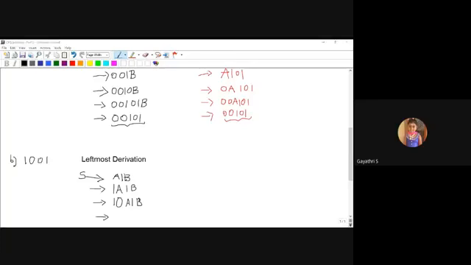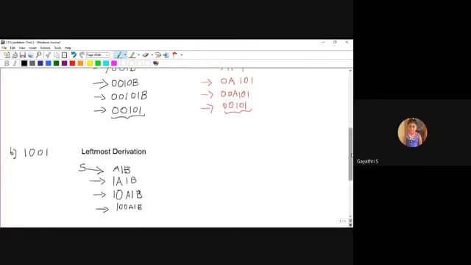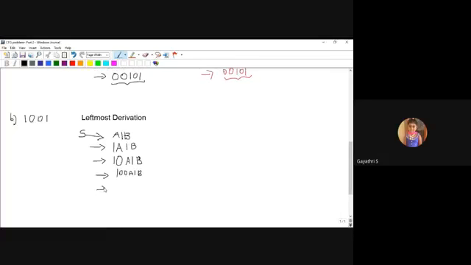Next, for this A, again 0A. Again 0A, 1B.